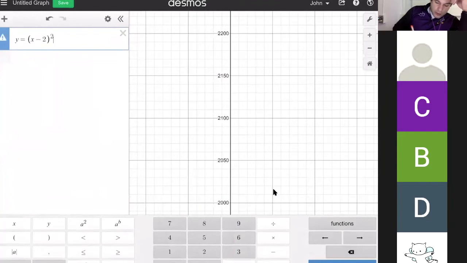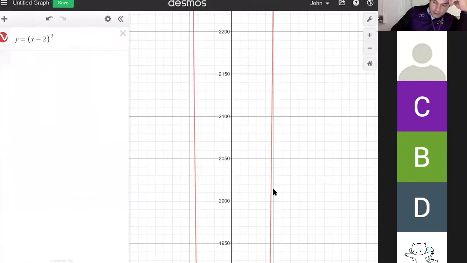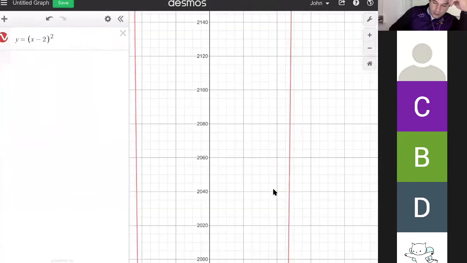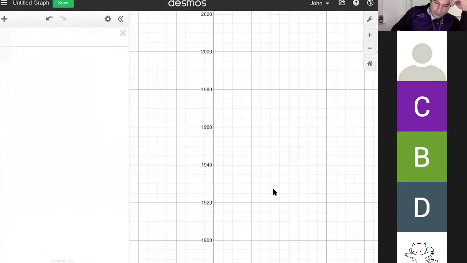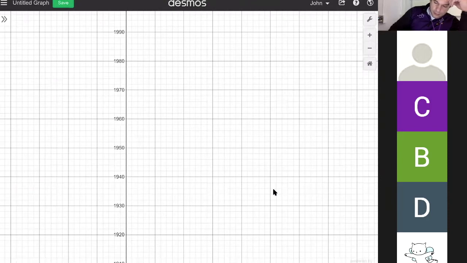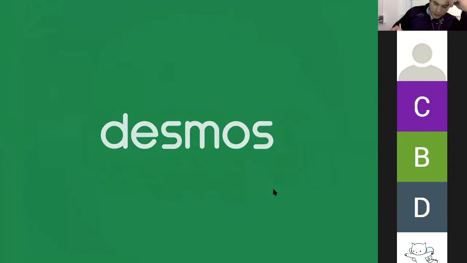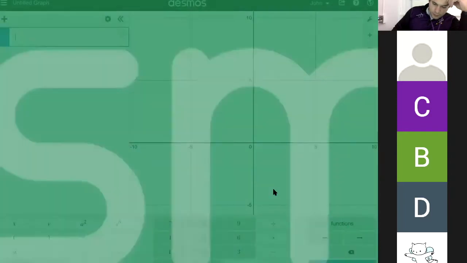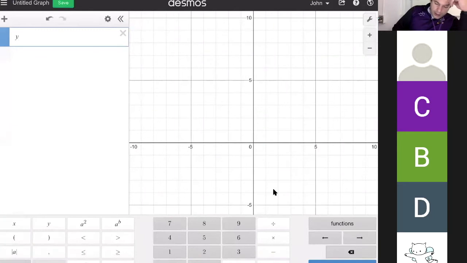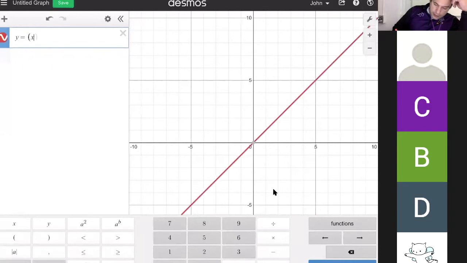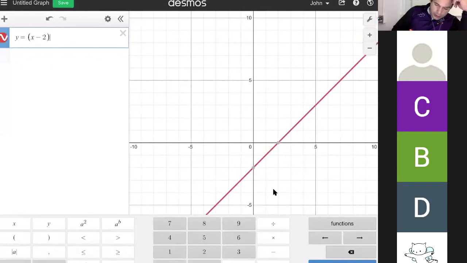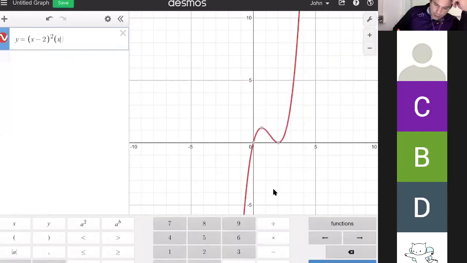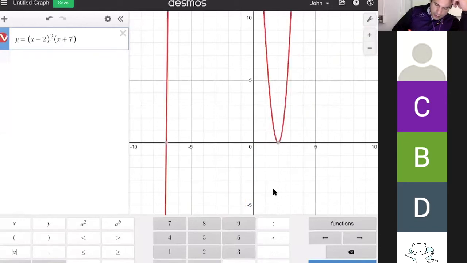So y equals (x minus 2) squared times (x plus 7) cubed.